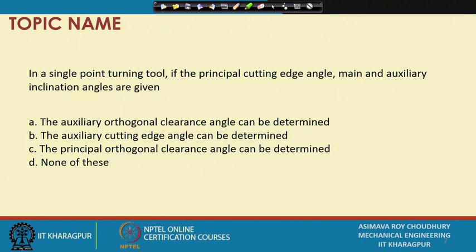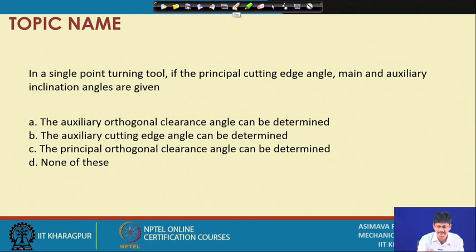So, this is the principal cutting edge. The main and auxiliary inclination angles are given.